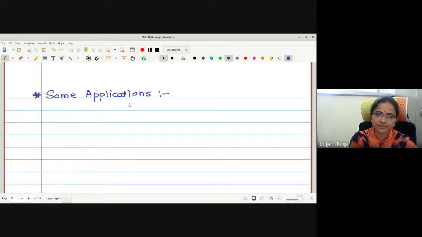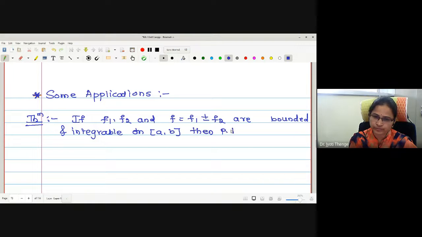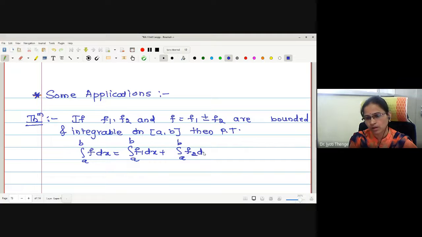Under this, we are going to verify the first theorem, which states that if f1, f2 and f equals f1 plus minus f2 are bounded and integrable on closed interval [a, b], then prove that integration a to b f dx is equal to integration a to b f1 dx added with integration a to b f2 dx.